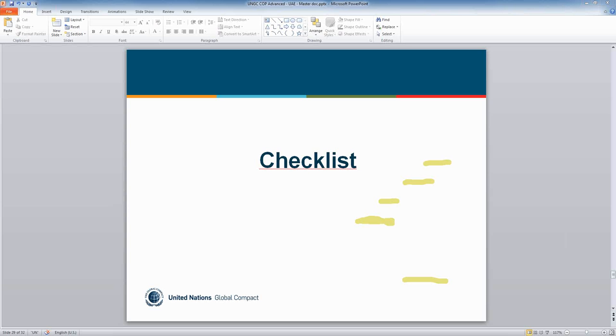Our connection document explains exactly how a COP, an advanced COP, relates to the G4 or to the G3.1 for those companies that are still using G3.1. So basically, you can use your GRI report to complete your COP. There's no need for you to do double work for that.